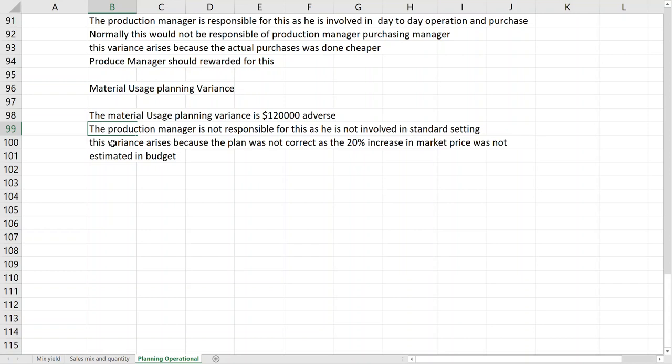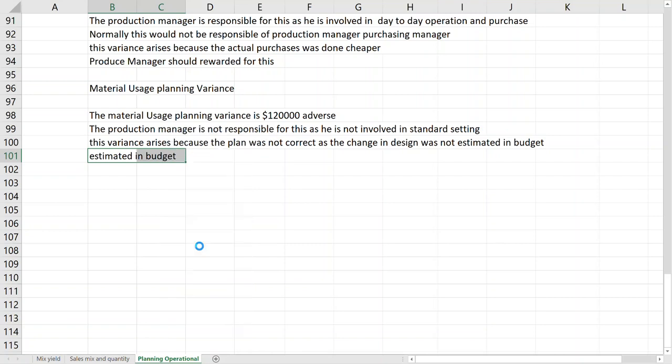The variance arises because the plan was not correct, as the change in design was not estimated in budget.